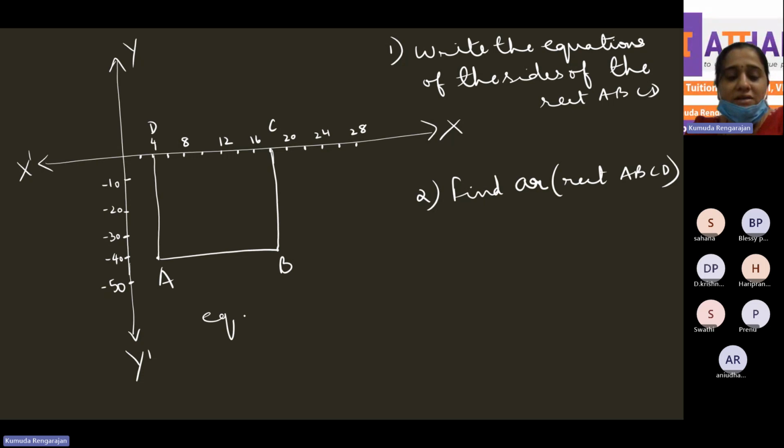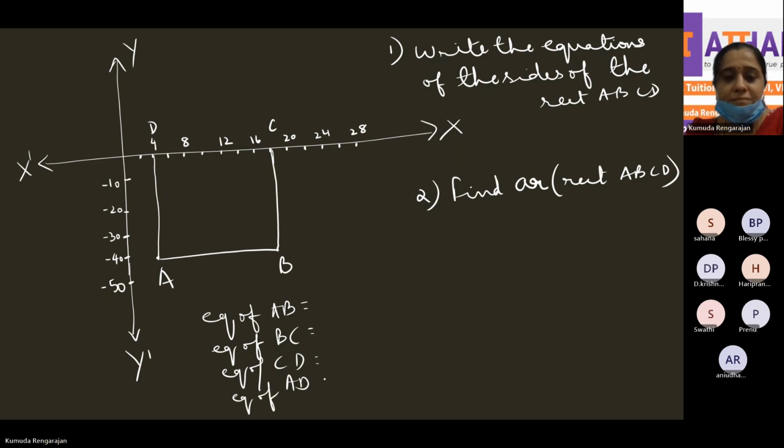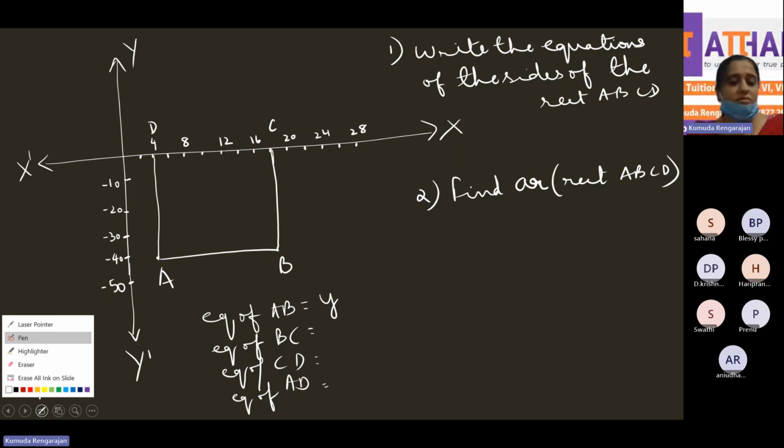I'm writing the answer here. Equation of AB, BC, CD, AD. This is the answer, children. Equation of BC, equation of CD, equation of AD. AB will be Y is equal to, okay, I'll take the next slide, sorry.